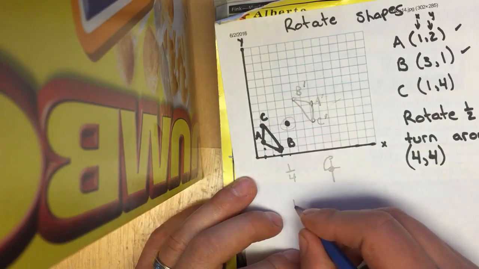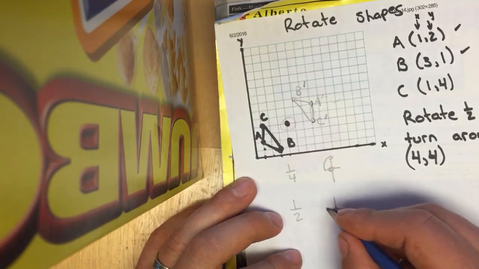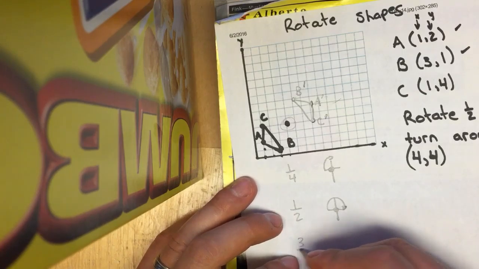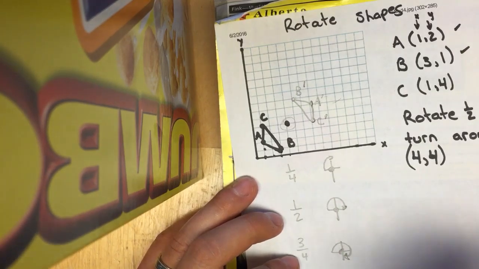That's a quarter turn. Half turn rotation basically means you move it half the way. So if you start on this side, you're going to move that line all the way here. If you had a 3/4 turn rotation, we're moving 3 of the 4 parts all the way around, which would be all the way to there. So that's how that would work.